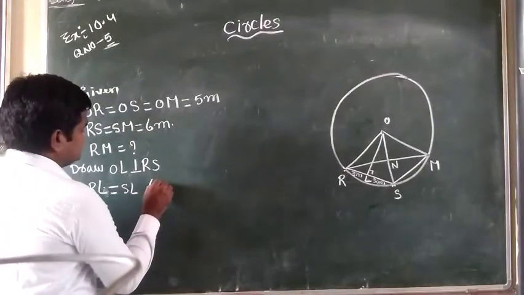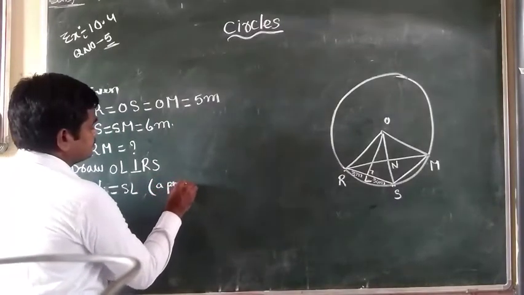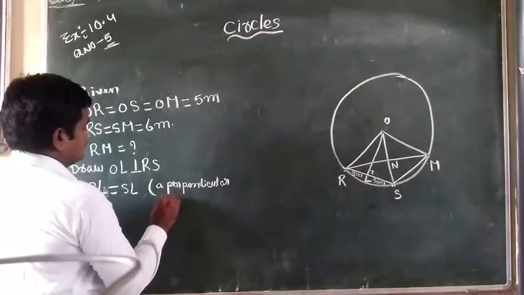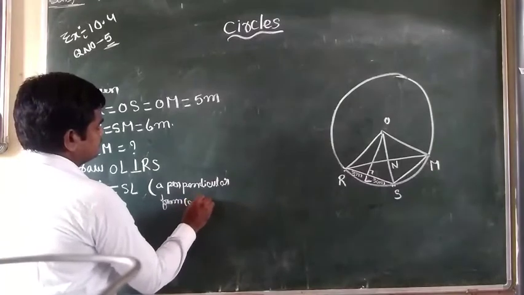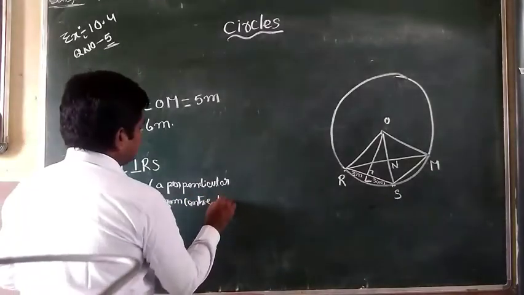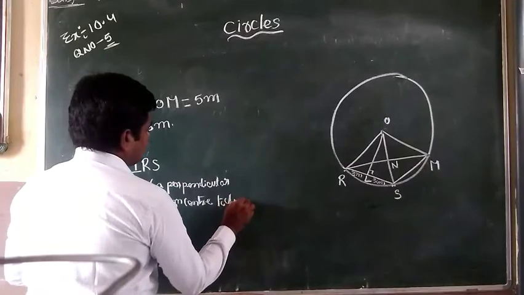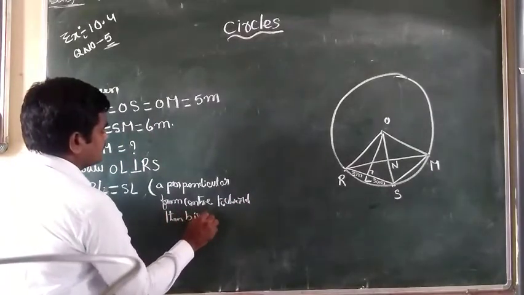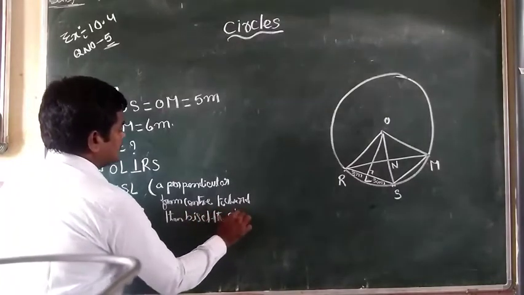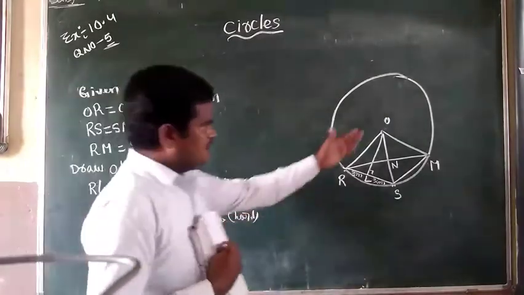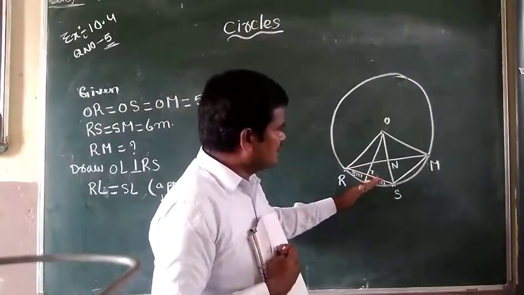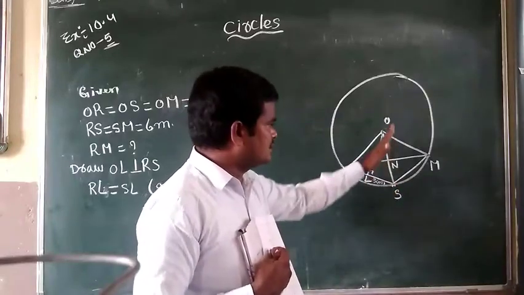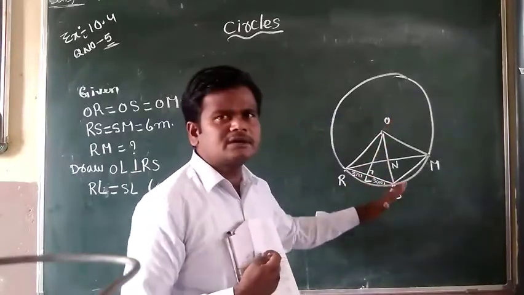A perpendicular from the center to a chord bisects the chord, so this perpendicular bisects the opposite chord.